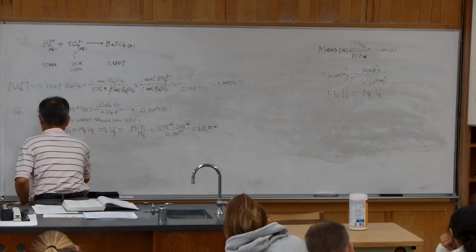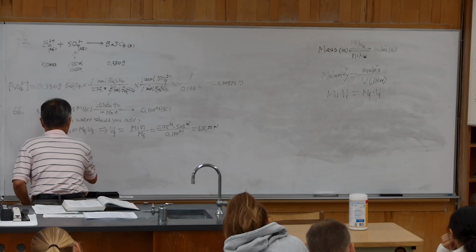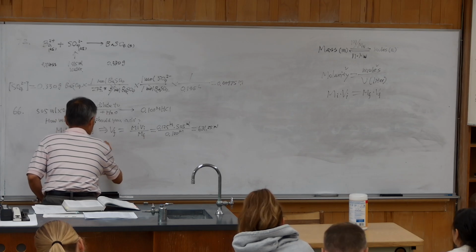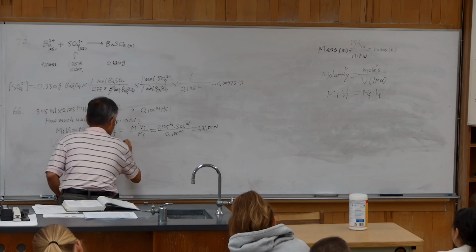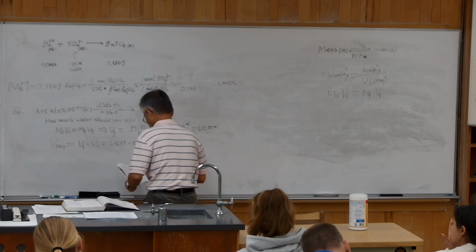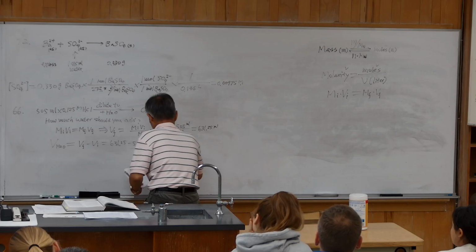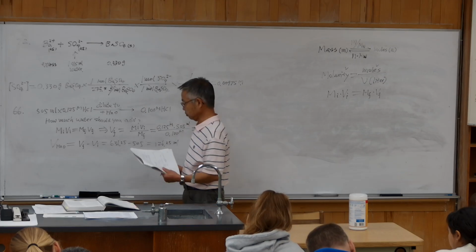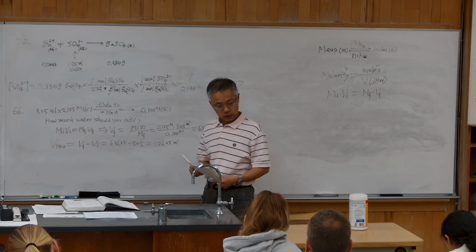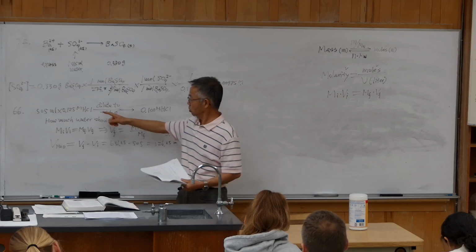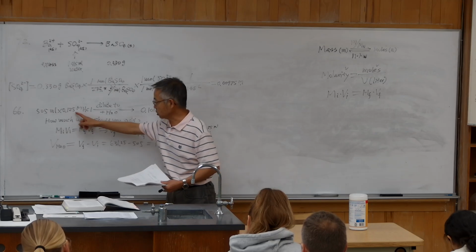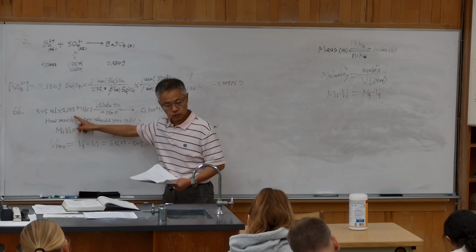So the volume of water you should add is final volume minus initial volume, 126.25 milliliter. This is the water you need to add to the hydrochloric acid in order to dilute the concentration from 0.125 to 0.1.